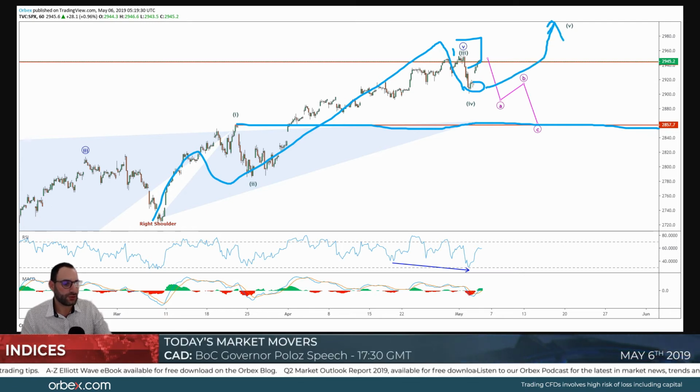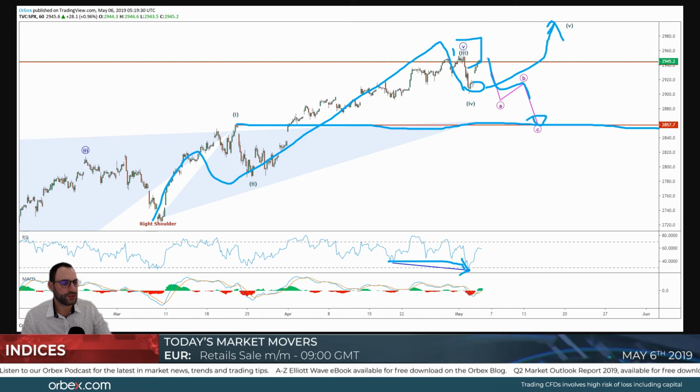So for that reason, and although I'm also seeing a very nice bullish signal, I do believe that this correction might be short-lived. So we might not see prices moving below the 28.57, which is the end of wave 1.